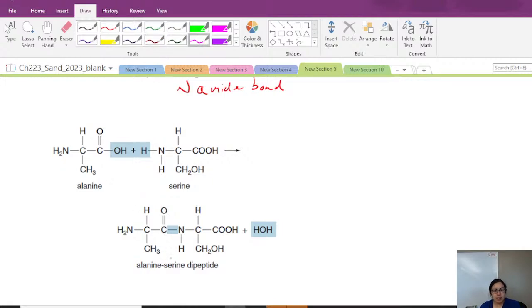In this case, the way it's named, alanine serine, alanine's going to go first, and then we're going to lose the OH of alanine, and make our amide bond there with serine. So you're making sure you connect it to the right carbon, so that nitrogen needs to go to our carboxylic acid carbon with that double bond. So that's something that we'll practice.